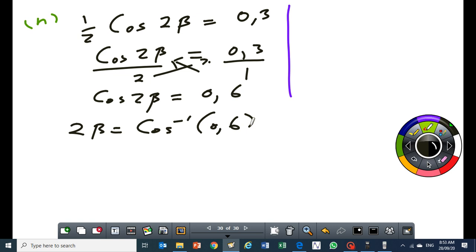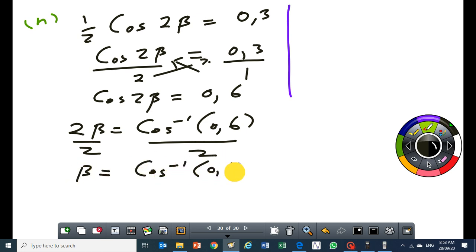Now, I want you to be aware that before you get this shift cos of 0.6, you can straight away divide both sides by 2 and then get beta equal to shift cos of 0.6 all over 2. Why you can do this is because we don't want to round off the shift cos of 0.6. We want it as a full number with all the digits.